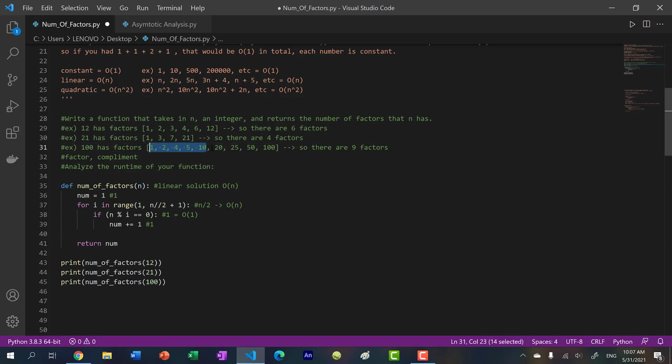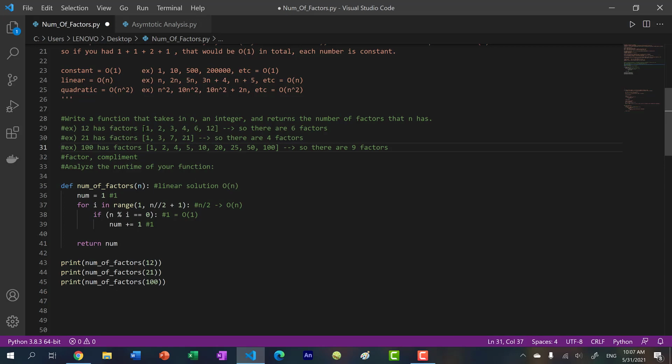Because after we get to this point, we're just doing extra work. Do we really need to check to see if it's divisible by 20 if we already checked that it was divisible by 5? If it's divisible by 5, then we can check to see if the complement is equal to the factor, right? So this would eliminate the issue where 10's complement is also itself.